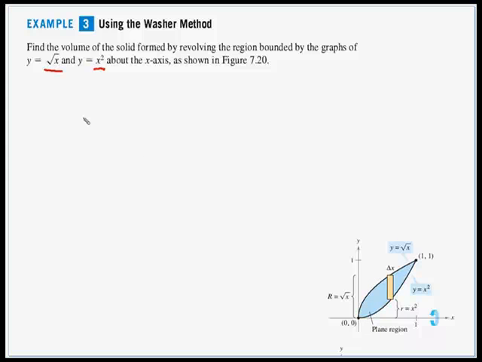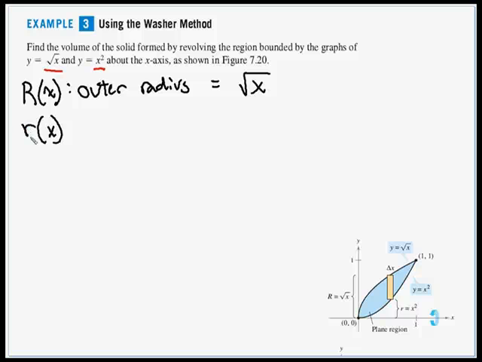So let's write this out. We have our outer radius, capital R of x. The outer radius is the square root of x function. Lowercase r of x, the inner radius, is our other function, y equals x squared.